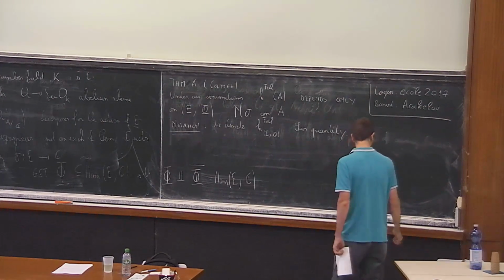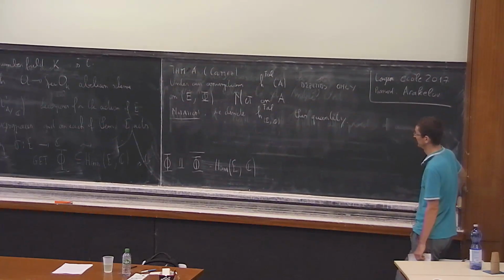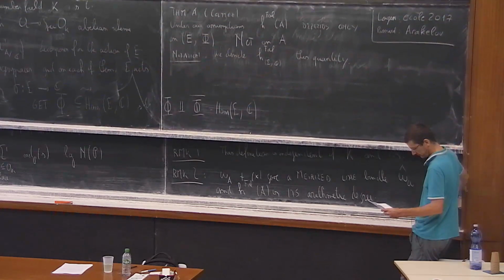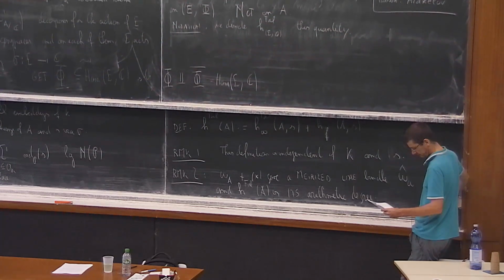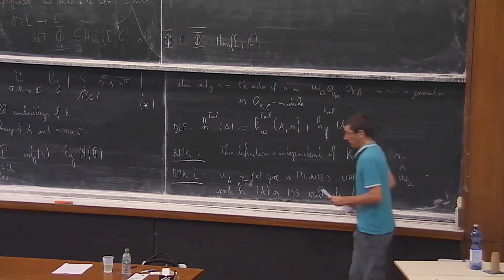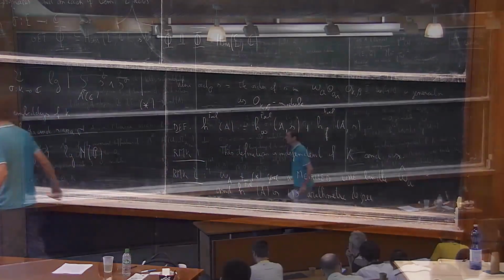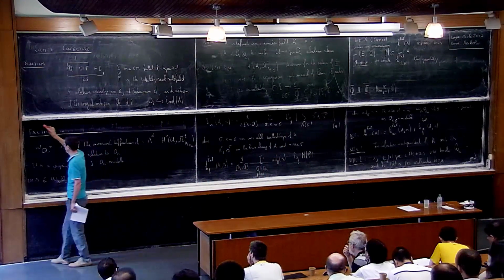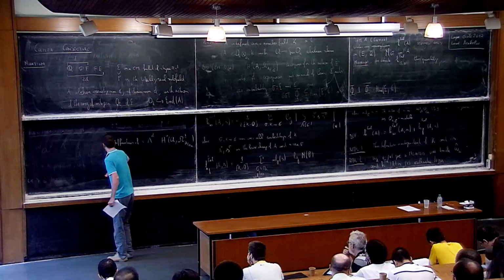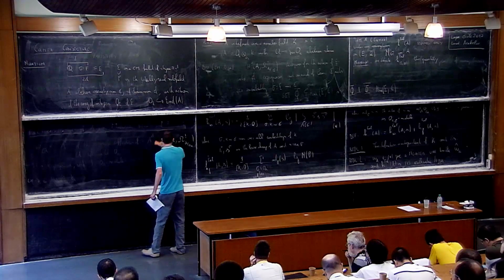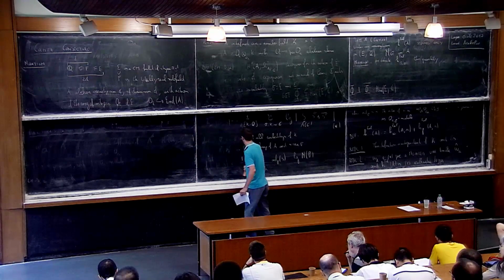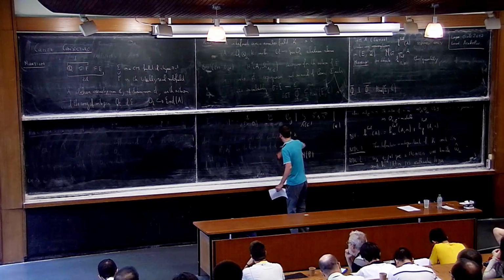Okay? Okay, so now I can at least say what Colmez conjecture is about. And Colmez conjecture is about a formula that computes this quantity given a CM field E and a CM type phi.